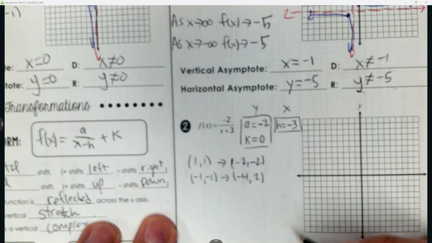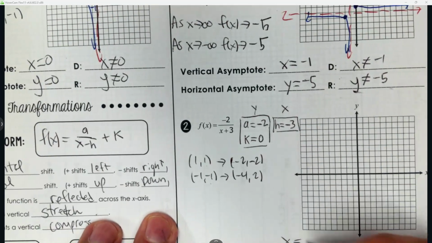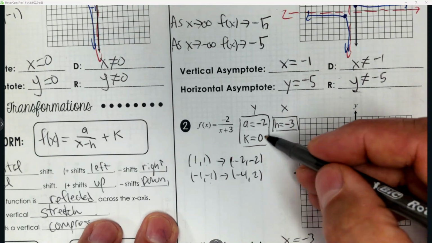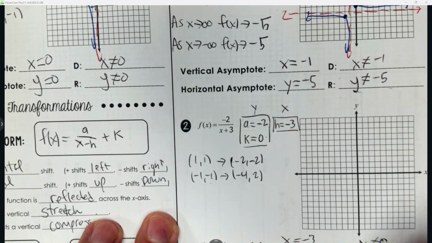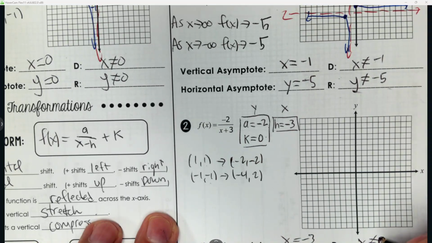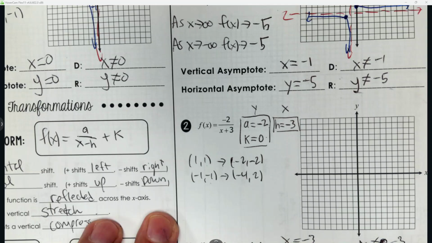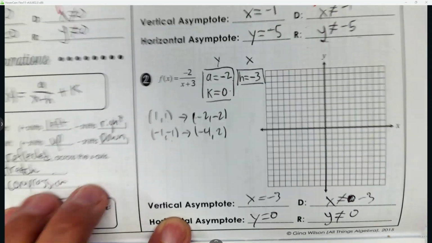My asymptotes are h, k. So my x asymptote is -3, and my y asymptote is at 0. That's why it's important to have 0. The domain restriction and the range restriction are those numbers. Oops, this should say -3, and this one's 0. There they are. And then I'm going to graph it.